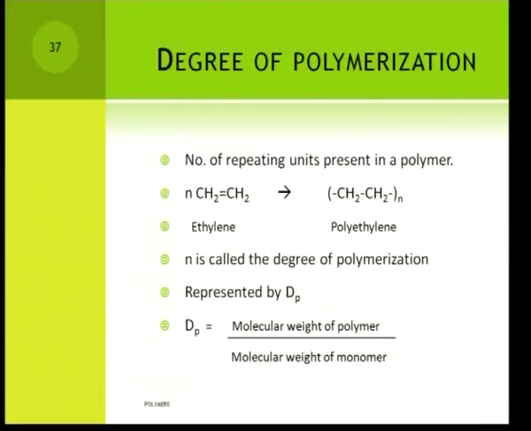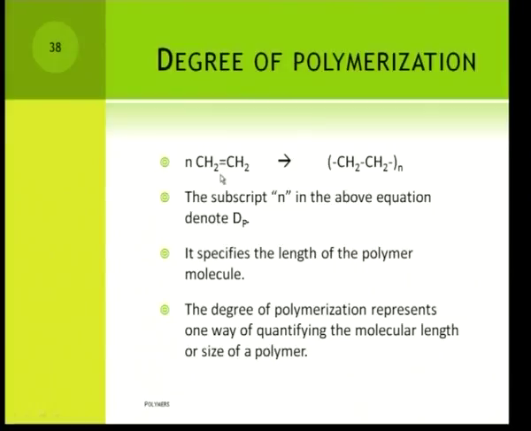It can be written as DP is equal to molecular weight of the polymer divided by molecular weight of the monomer, because the molecular weight of the polymer is nothing but the total number of units present in the whole of the molecule, its molecular weight as a whole. When it is divided by the molecular weight of the repeating unit or the individual monomeric unit, this will immediately give you the number of repeating units available in the polymer chain, which is nothing but your degree of polymerization.